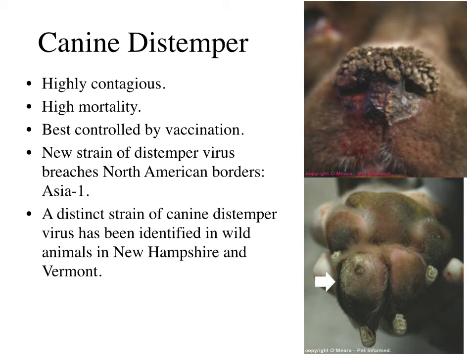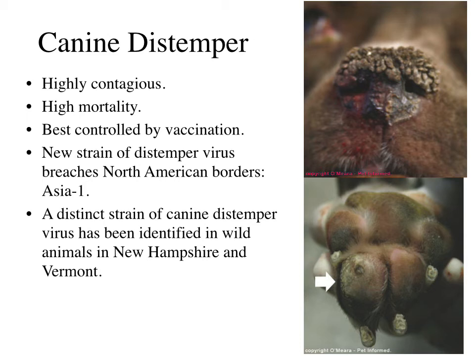The prevalence of canine distemper in the community has decreased dramatically due to the availability of vaccinations. However, the disease continues to spread among unvaccinated populations, such as at animal shelters and pet stores.